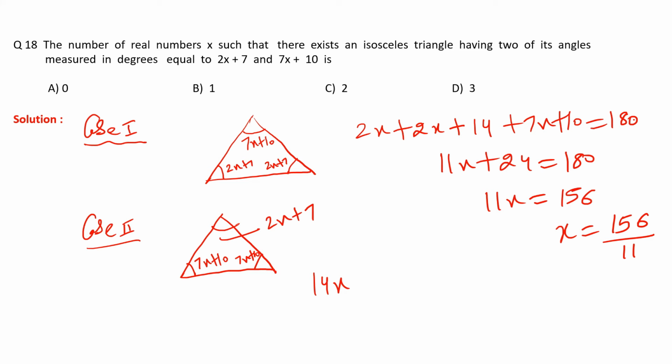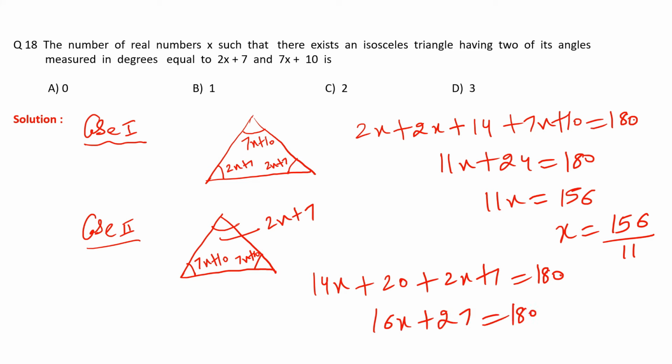This is why I am forming the equation 14x plus 20 plus 2x plus 7 equal to 180. So this becomes 16x plus 27 equal to 180, or from here we get 16x equal to 153. So x is equal to 153 by 16, or this value comes around 9 point something.